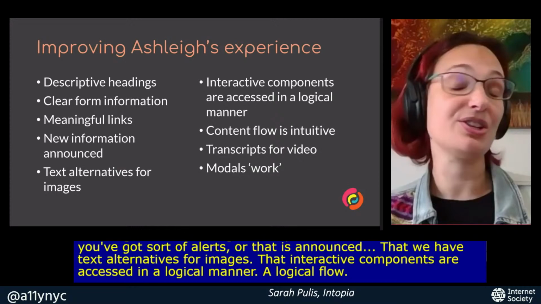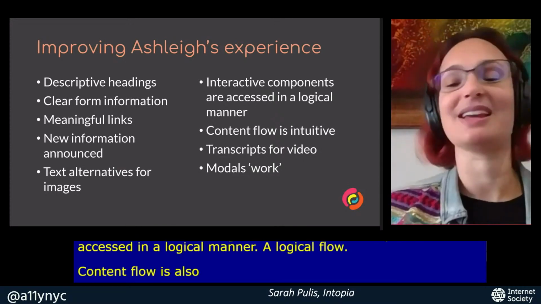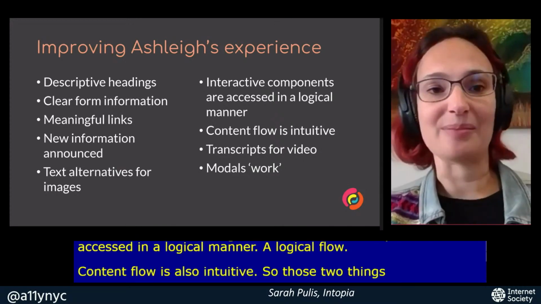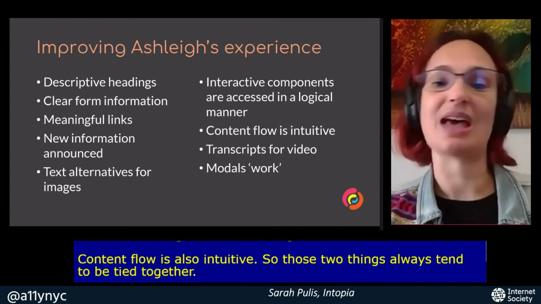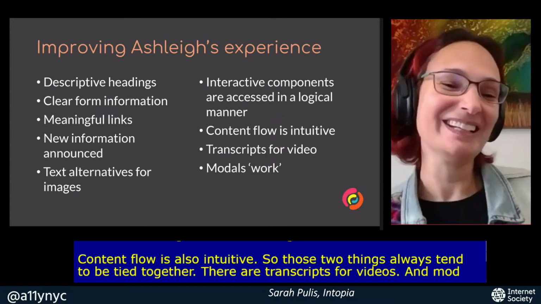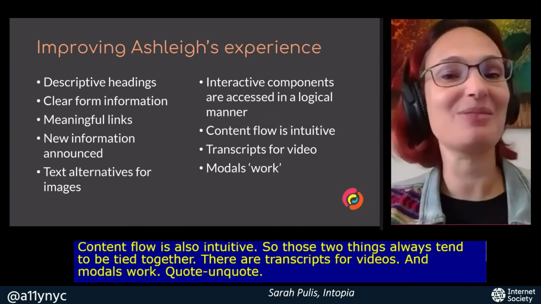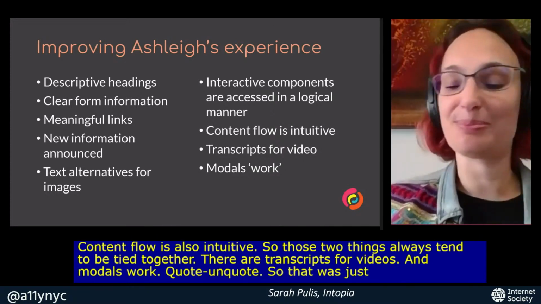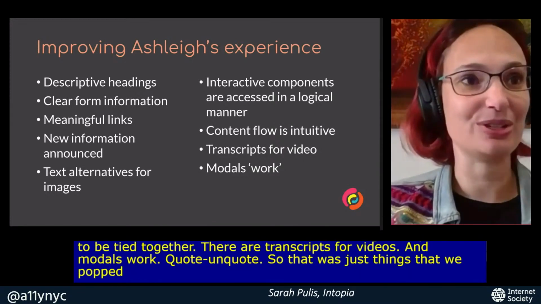Content flow is also intuitive, so those two things always tend to be tied together. There are transcripts for videos, and modals work, quote unquote. So that was just things that we popped down for people to keep in mind.